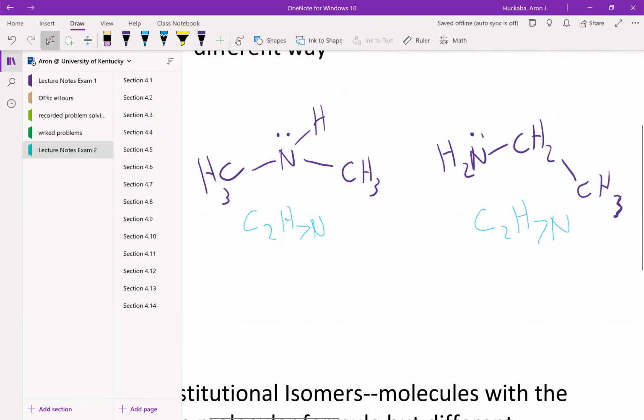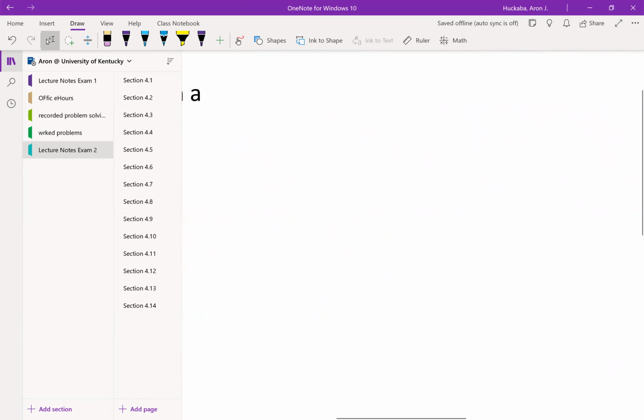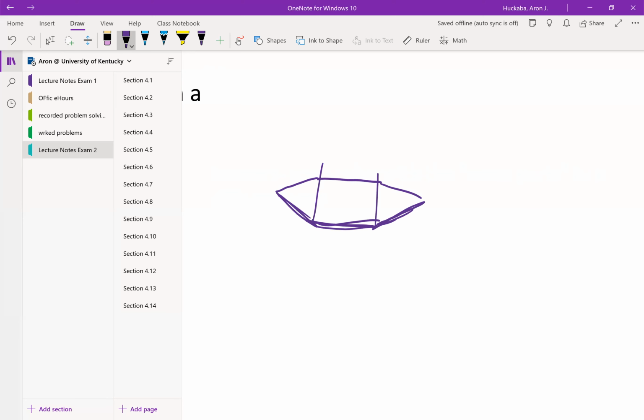And in the last chapter, we actually learned about a different type of isomerism, one that was based on those Haworth projections, right? So here's our Haworth projection, showing us the cyclohexane ring. And then we had things going up or things going down.